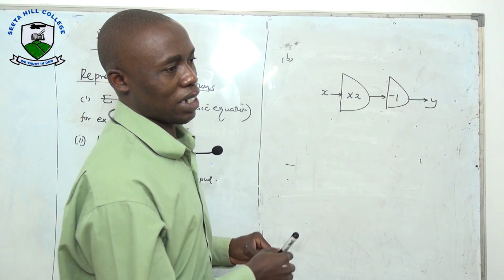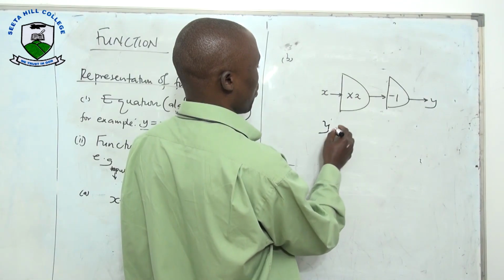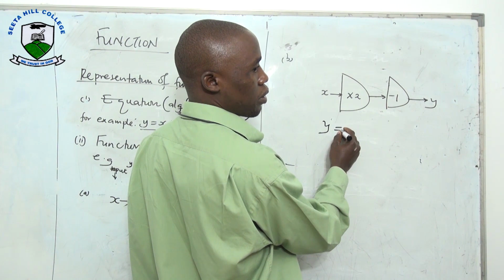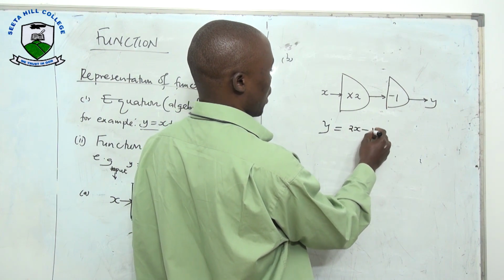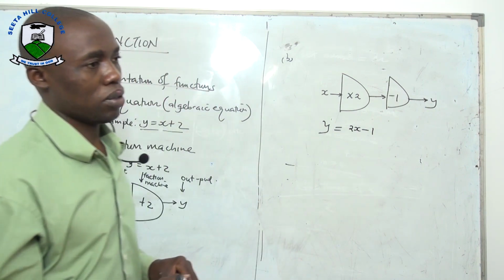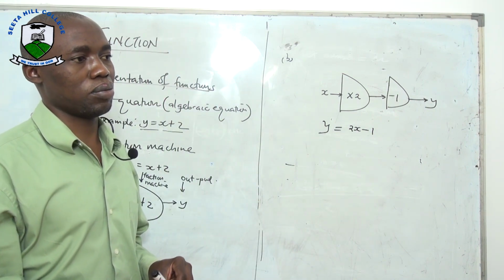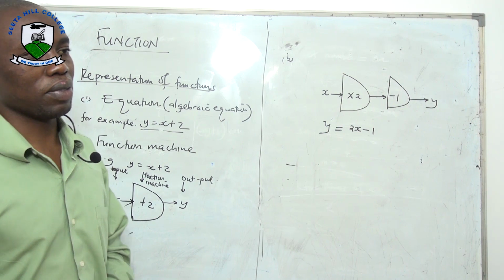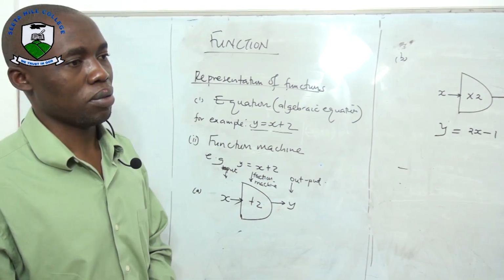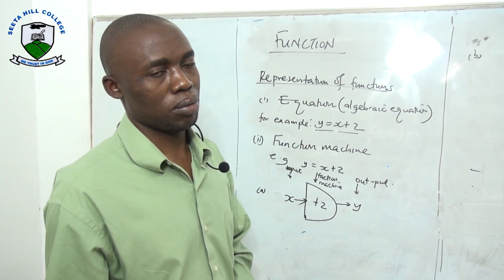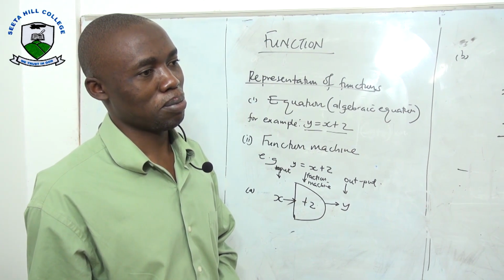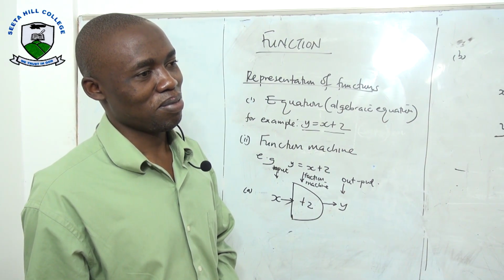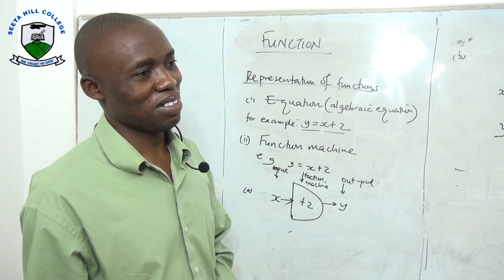Yes, Grace? I think y would be got by multiplying x times 2, 2 times x, minus 1. That's exactly. Thank you. Does that mean that if we are finding y, this y will have to be on the left side, not the right?